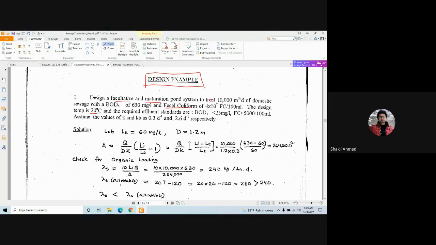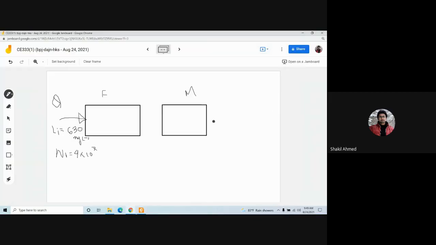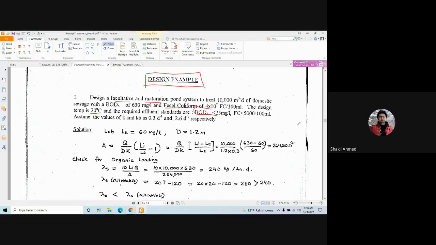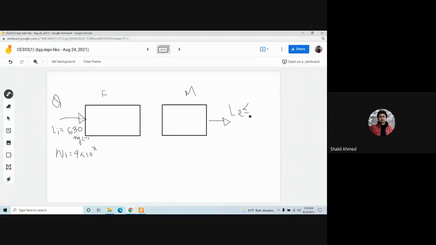Fine. The required effluent standards are BOD5 less than 25 milligram per liter. That means you have to reduce your BOD, Le here. It has to be less than or equal to what, guys? 25 milligram per liter. They have told it less than, right? Let's say less than or equal to 25 milligram per liter.